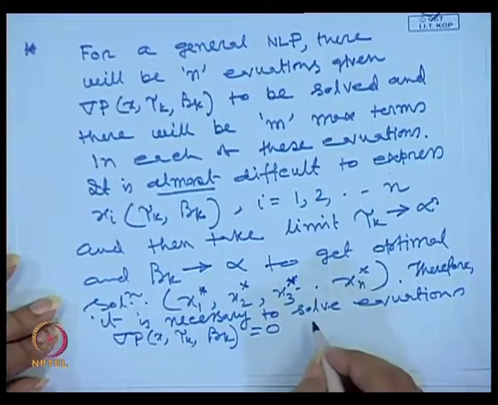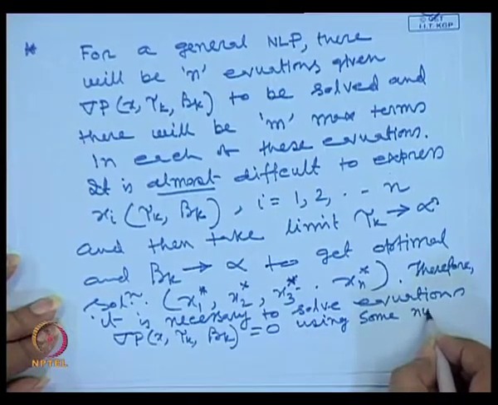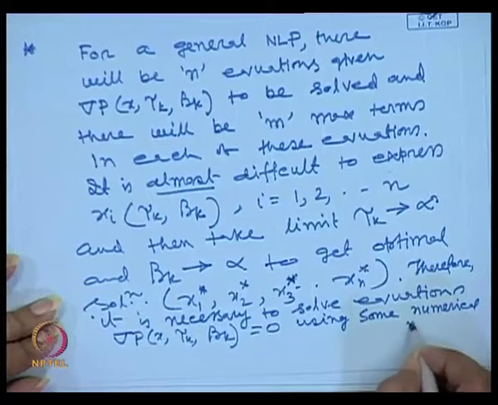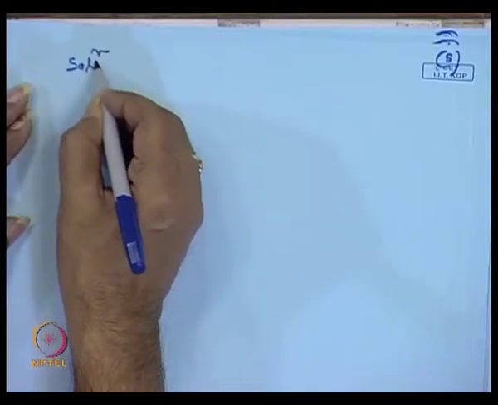Let us see the problem statement. Minimize f of x, the objective function, such that g j of x is less than or equal to 0, j equal to 1, 2, up to m. Now we have to solve this using the interior point method, which means we take an initial guess inside the feasible region that satisfies all the constraints.